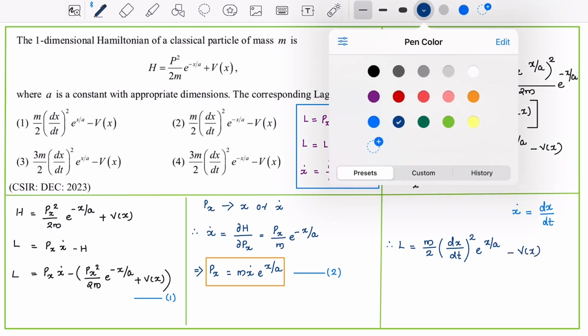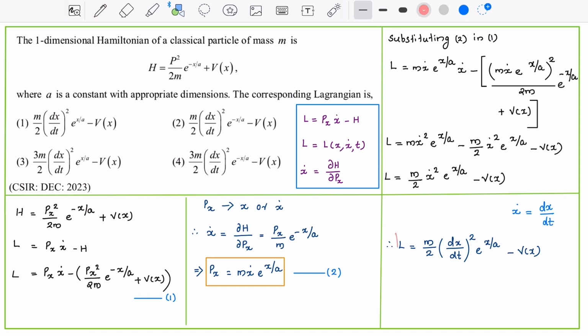This is the expression for the Lagrangian corresponding to the given Hamiltonian. Therefore, from the given options, option 1 is the right option.